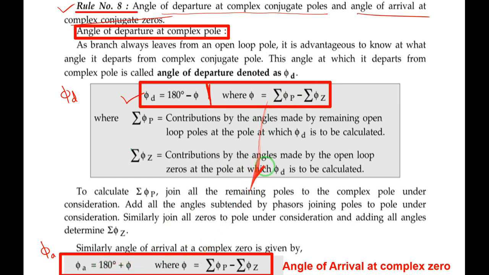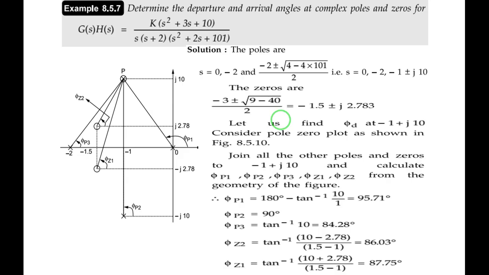Phi is the same in both cases. Next. Okay, I'll take up this example: determine the departure and arrival angles. The departure angle is for complex conjugate poles, and the arrival angle is for complex conjugate zeros.